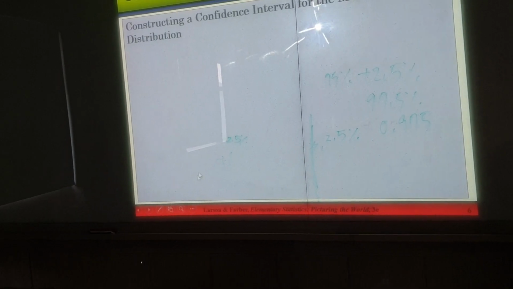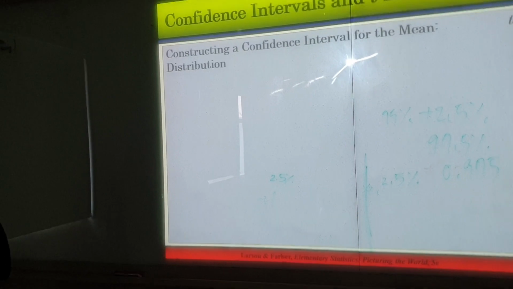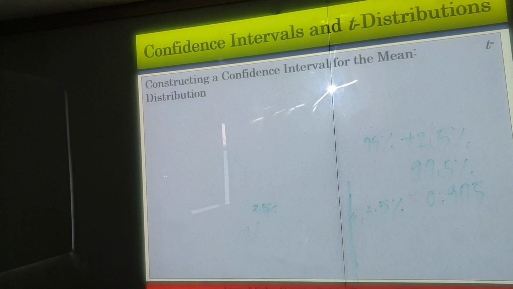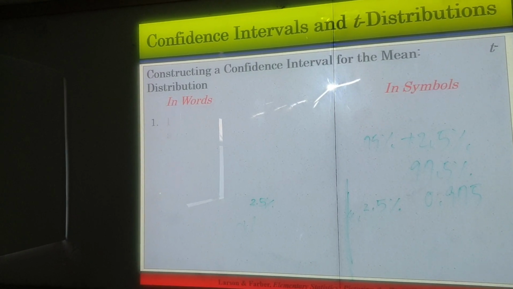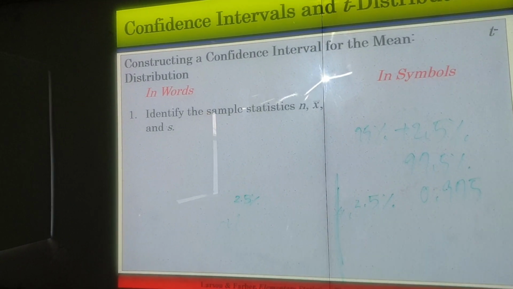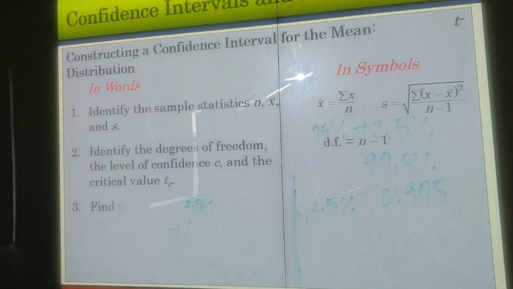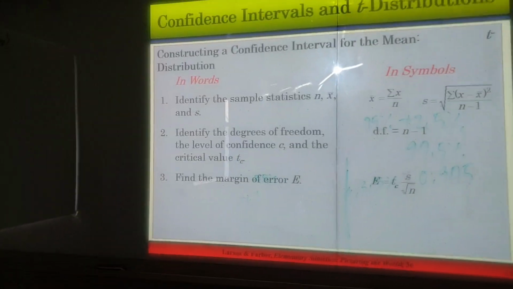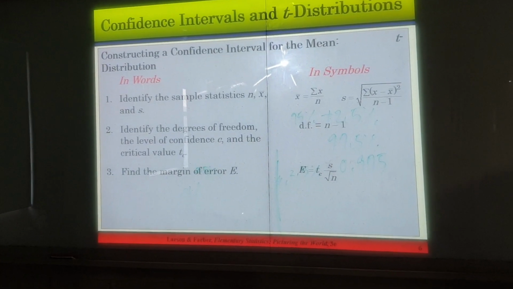The case where we use the t-distribution is usually when we do something with the sample mean, not population. We use the t-distribution when we don't know the standard deviation.